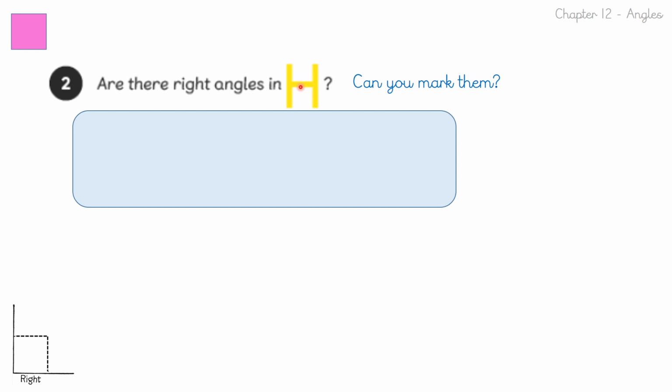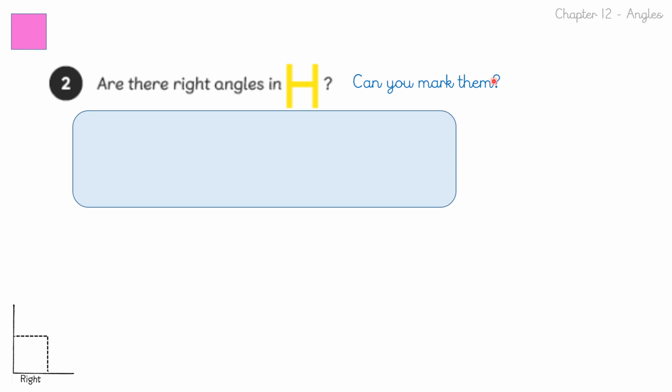Over here I can see two straight lines that meet at a point or vertex and form a right angle. Finally, I can see here two straight lines that also meet at a point and form our fourth 90-degree angle.